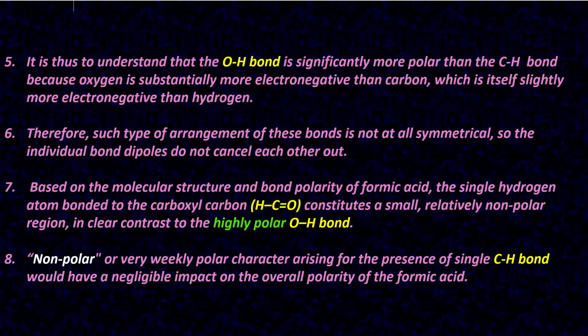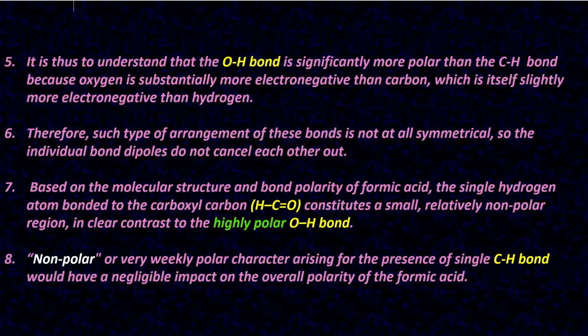It is thus to be understood that the OH bond is significantly more polar than the CH bond, because oxygen is substantially more electronegative than carbon, which is itself slightly more electronegative than hydrogen. Therefore, the arrangement of these bonds is not symmetrical, so the individual bond dipoles do not cancel each other out.